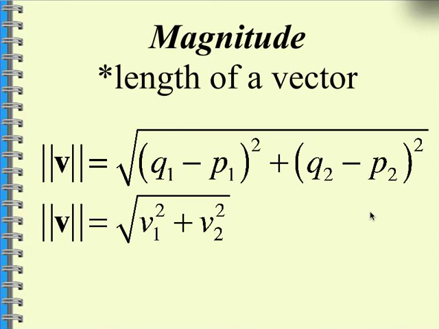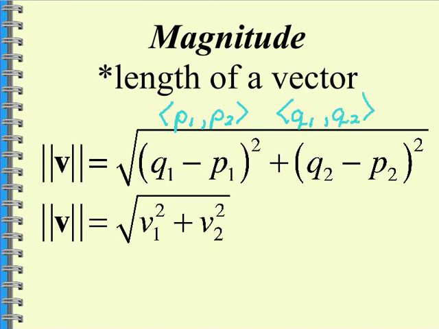So first of all, the length of the vector, if you notice the very first formula, it looks real similar to the distance formula that we learned. Except in place of P and Q, we use X and Y. And basically what that means is that's just individual components of each individual vector. So for example, this is if I would have vector P1, P2, and the second vector Q1, Q2.